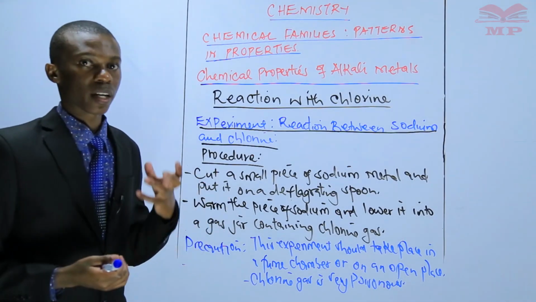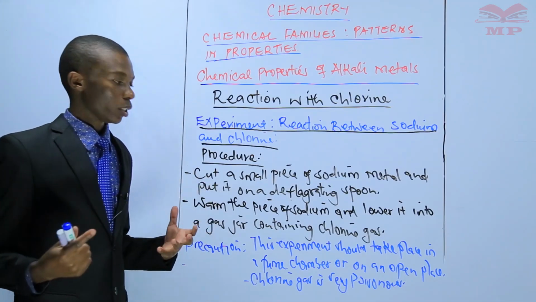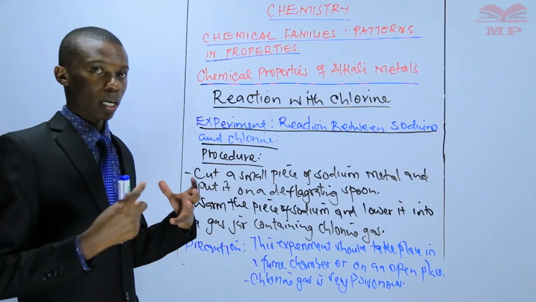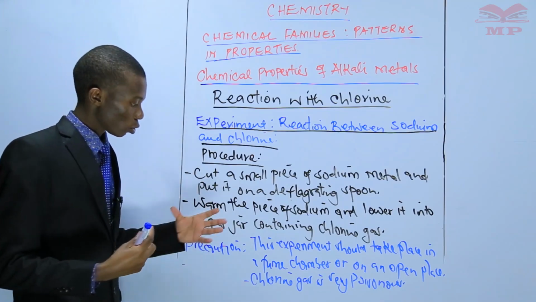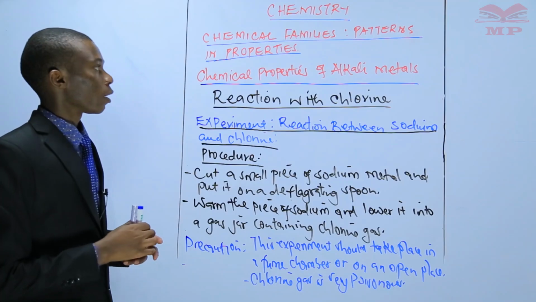The reason is chlorine gas is very poisonous. Remember, this chlorine can affect your respiratory system, and therefore you should not come into contact with it. So carry out the experiment in a fume chamber.